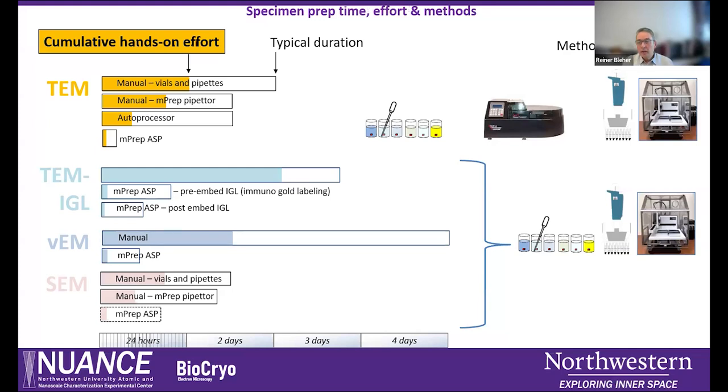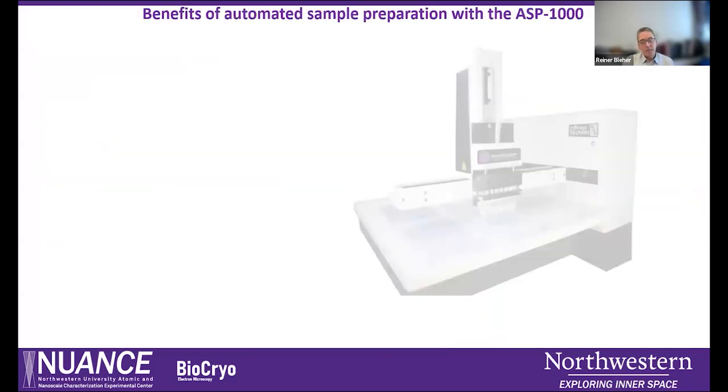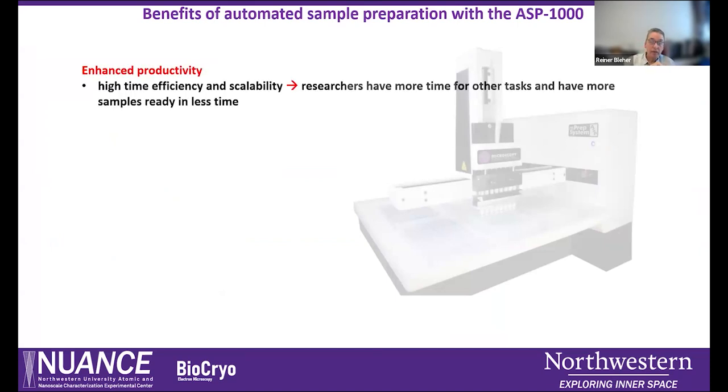Okay. So again, the benefits for the user with using automated sample prep are the main benefits, of course, there are way more, is high time efficiency and scalability. So users have more time for other tasks and they have more samples ready in less time.